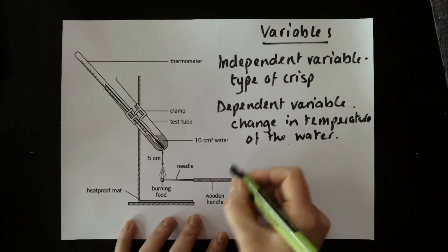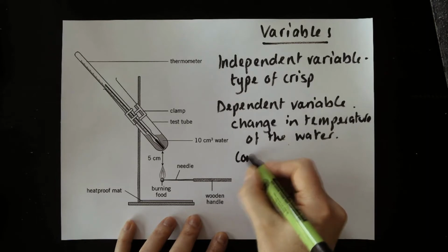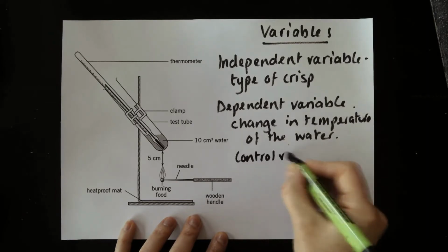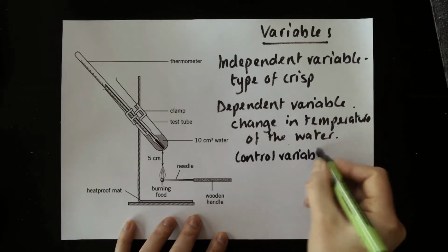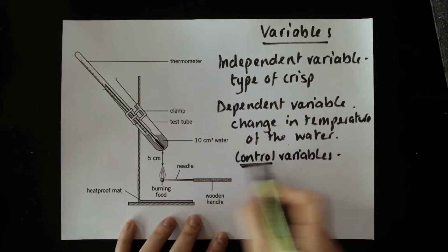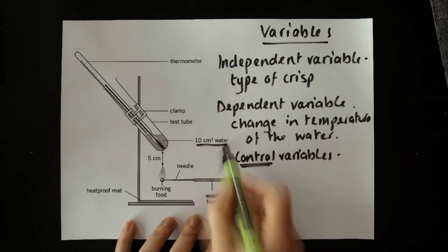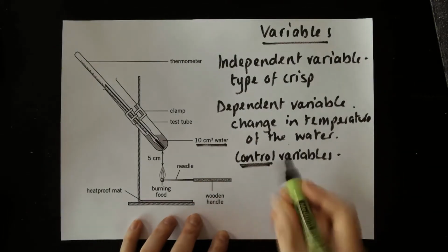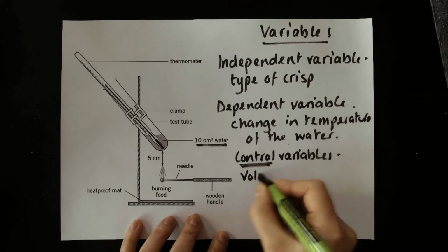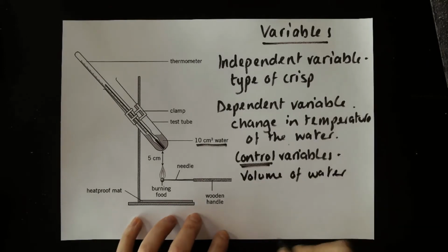And then so that I can get valid results, I need to have control variables. You're only allowed to change one thing. So I'm only allowed to change the type of crisp. Everything else I must control and keep the same. So if we look here, 10 centimetre cubed of water, I'm going to keep the volume of water the same.